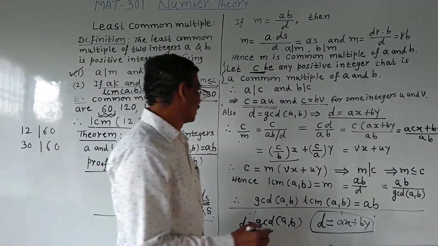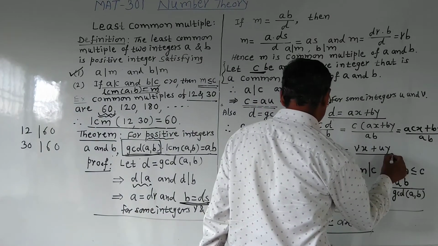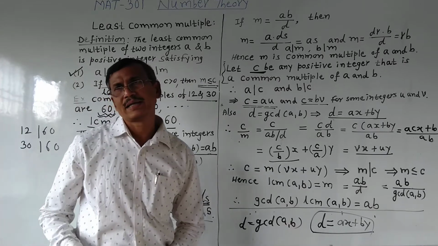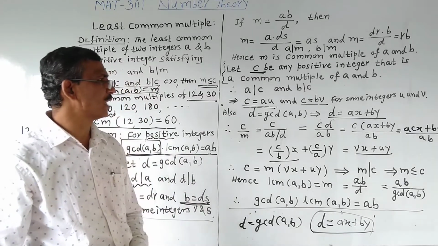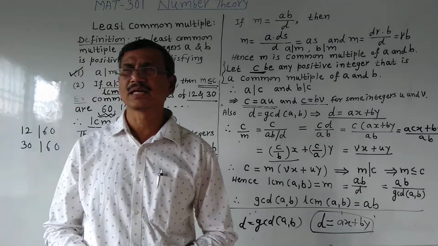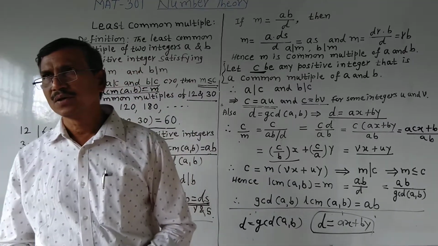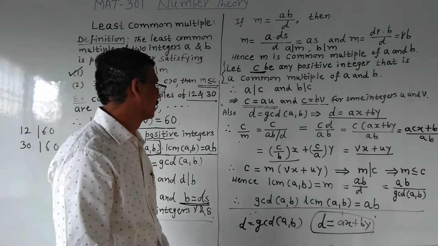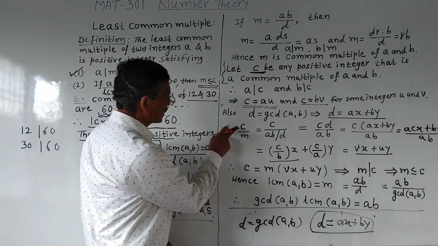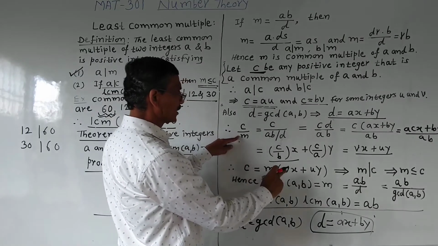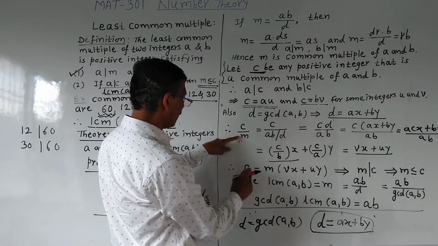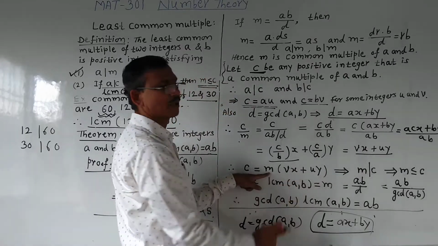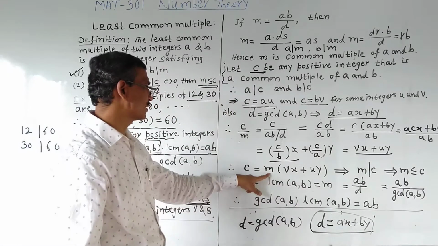Now here, vx plus uy is completely an integer because we know that u is an integer, v is an integer, and x and y are also integers. Therefore, for this c by m, multiply both sides by m, it will become c equals m into (vx plus uy).